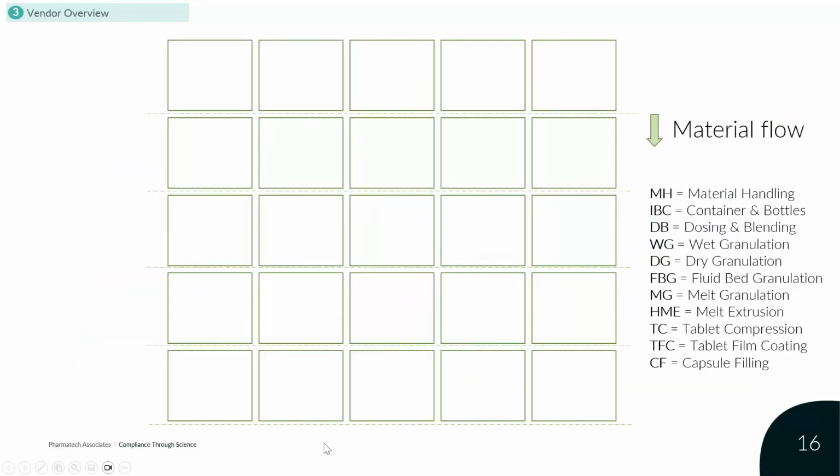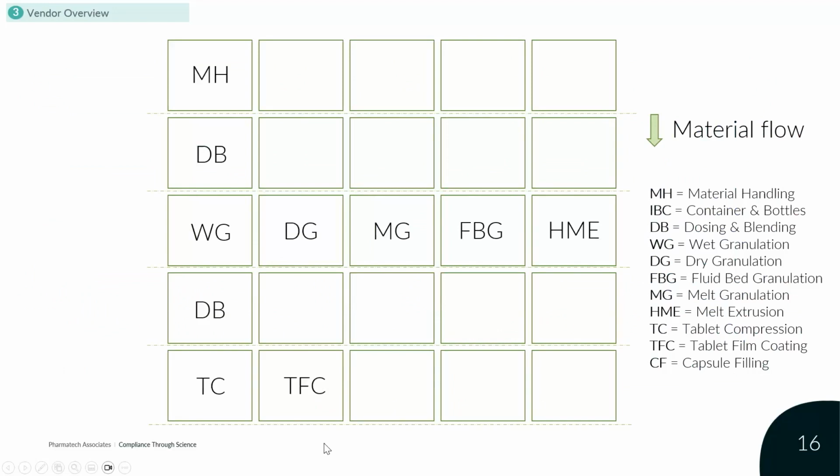Let's go back to my chessboard and let's look at these elements a little bit more closely. So you have typically a material handling section. Material flows with whatever technology, by gravity or pneumatically, to the next level where you have dosing, blending. So you have typically always a material handling level, dispensing, changing it from a bin into an IBC or a bottle or a big bag or whatever means you bring the material into your facility.